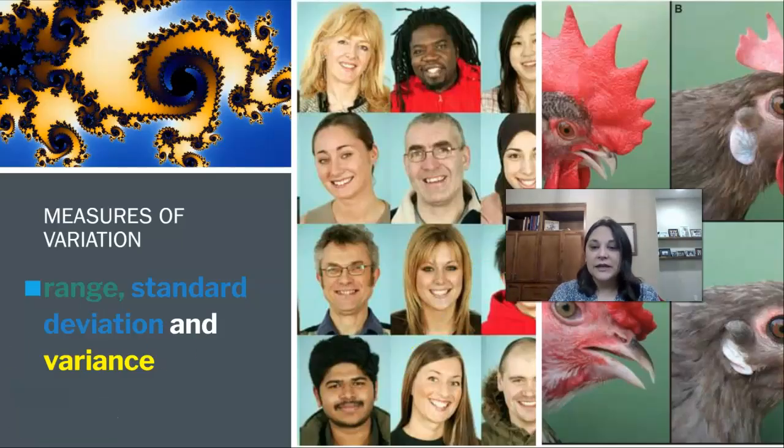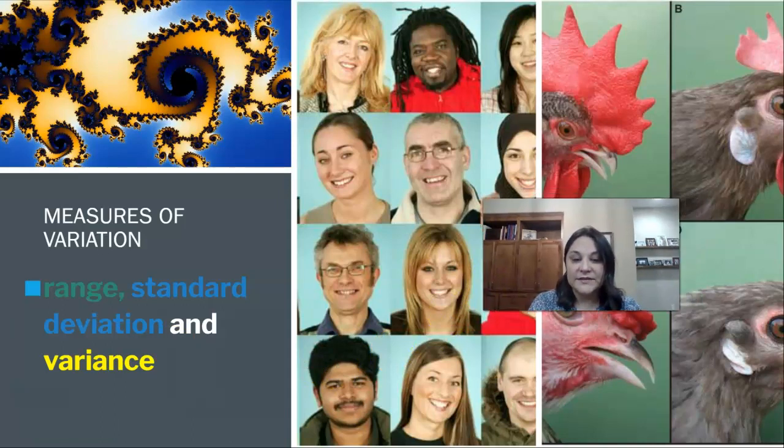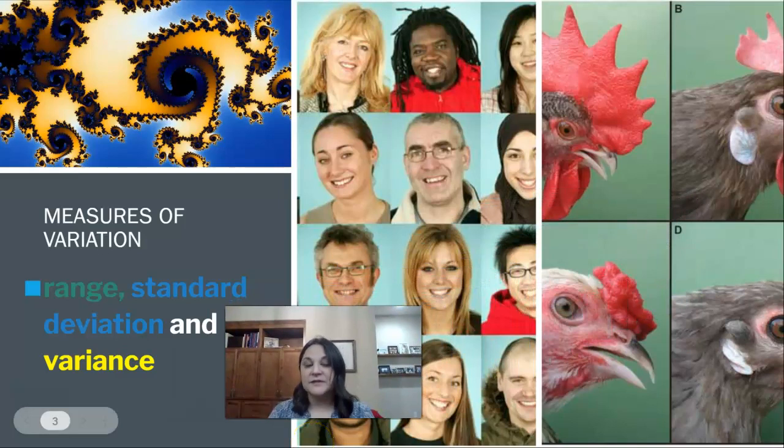Generally, there are 3 ways to measure variation. We have 3 formulas. Range, standard deviation, and variance are the 3 measures of variation. So mean, median, mode are measures of center. Range, standard deviation, and variance are measures of variation.